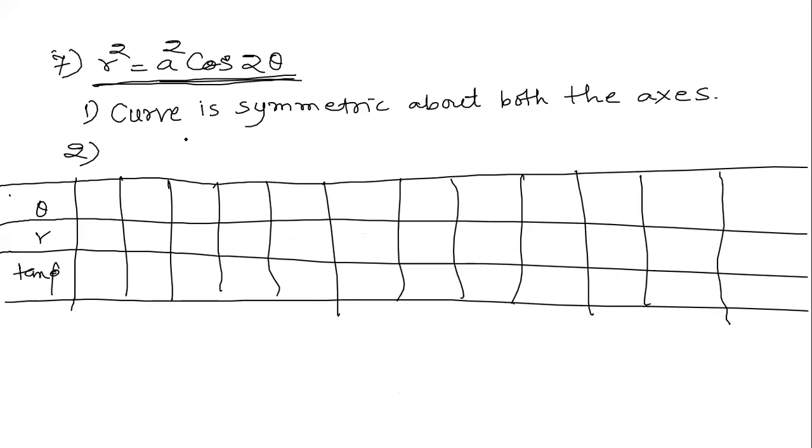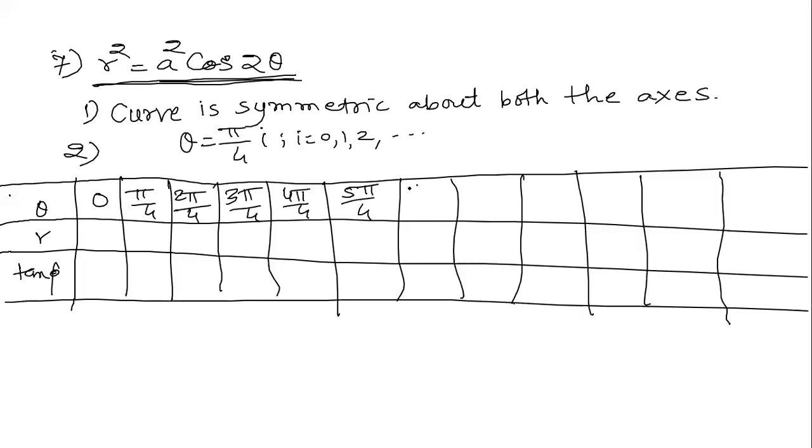And each quadrant is to be divided into 2 equal parts. So pi by 4 into i, for i equal to 0, 1, 2, something like that. So 0, pi by 4, 2 pi by 4, 3 pi by 4, 4 pi by 4, 5 pi by 4, 6 pi by 4, 7 pi by 4, 8 pi by 4, 9 pi by 4, 10 pi by 4, 11 pi by 4. After that 12 pi by 4 means 2 pi means 0, that is already covered.